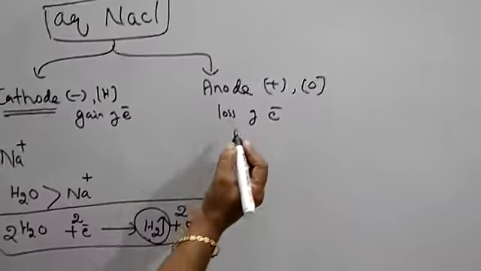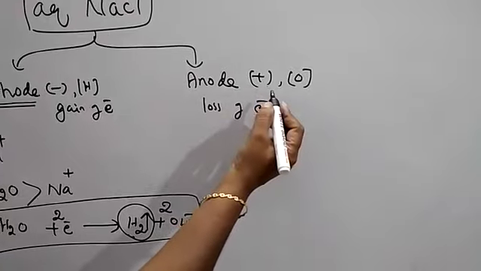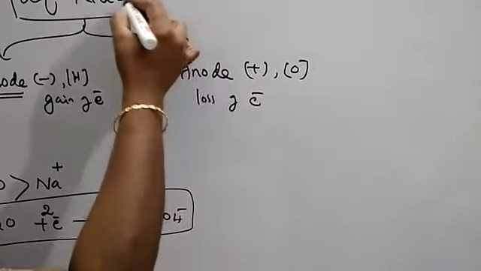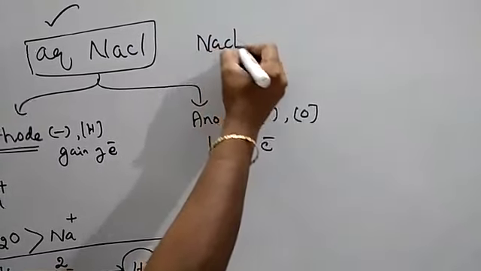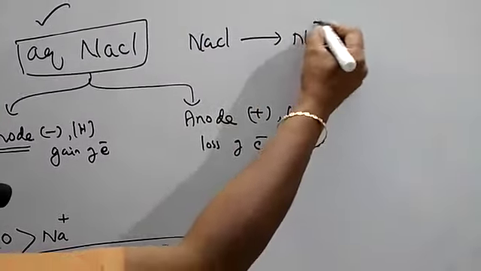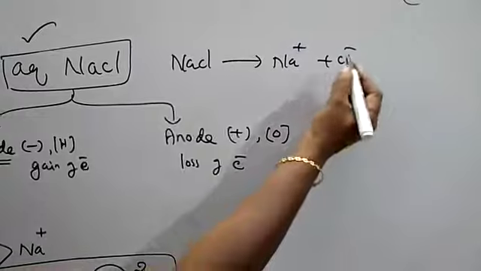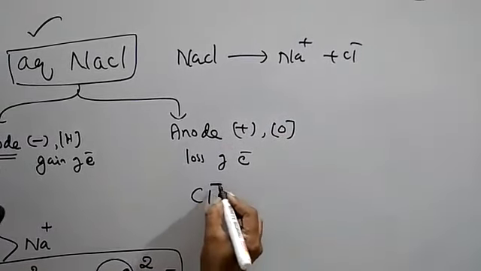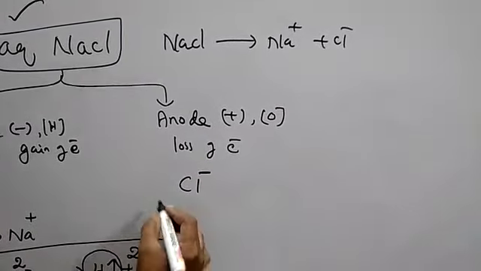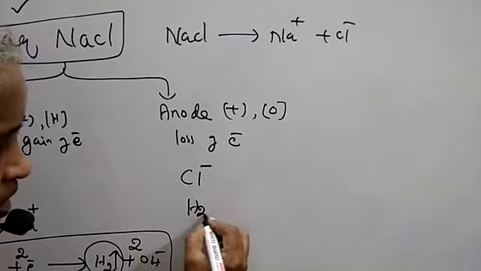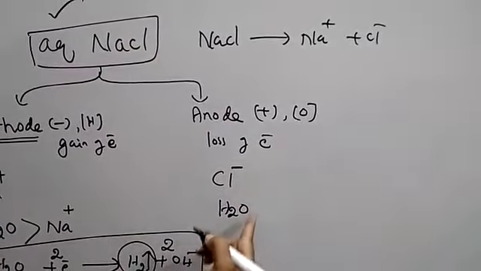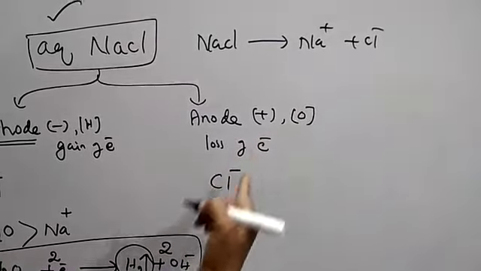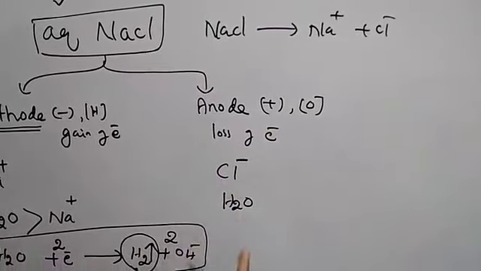In the case of the anode, anion moves to anode. What is your anion? Sodium chloride ionizes to give Na plus and Cl minus. The anion Cl minus accumulates at the anode, and along with that water is there because it is aqueous. Now the race is between the oxidation potential of water and chlorine.